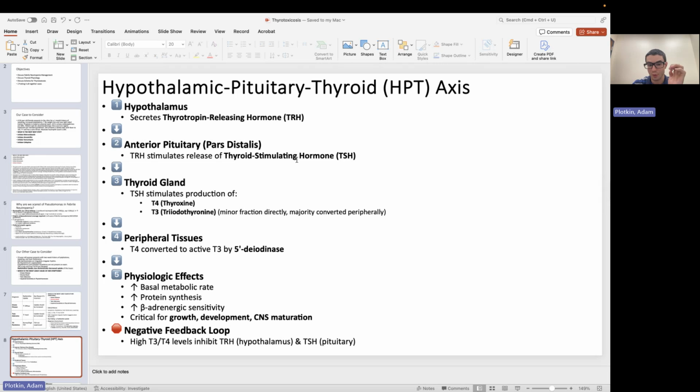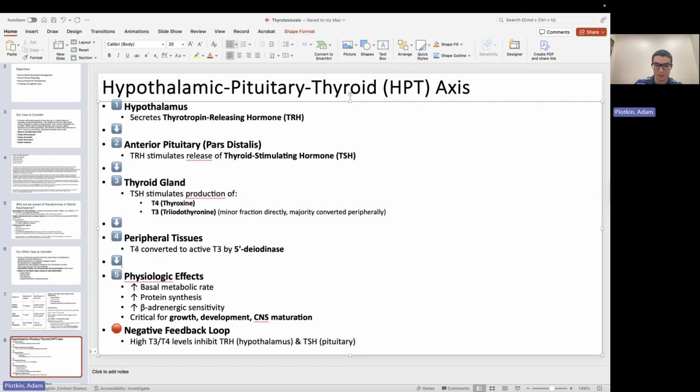It's thyroid stimulating hormone. It goes to the thyroid gland, and it increases the production of T4 and T3. Really, not too much T3 comes from the thyroid gland. A lot of it is going to be converted peripherally, and I've got that on the next slide. But again, a little bit of T3 gets made, a lot of T4 gets made thanks to TSH from the anterior pituitary.